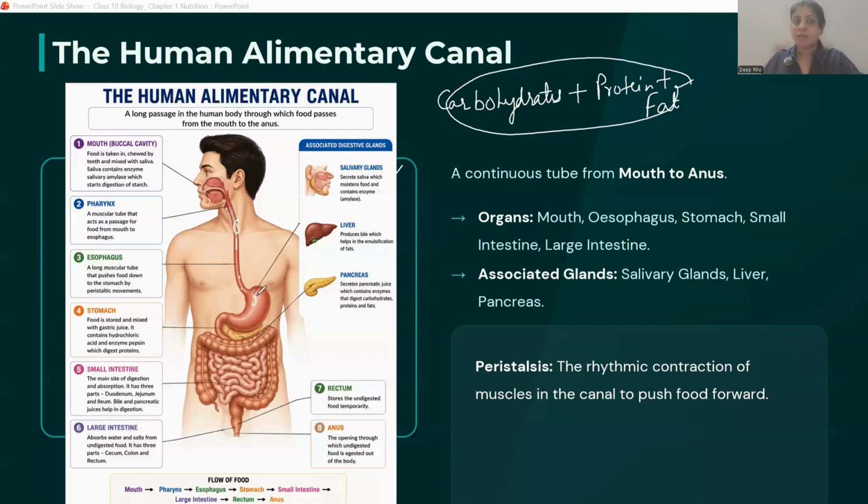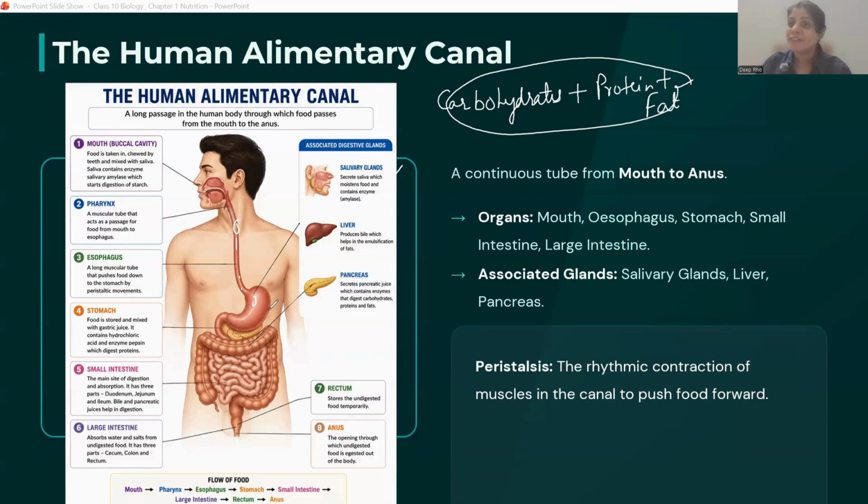The stomach releases hydrochloric acid, which, as the name suggests, is highly acidic. Along with it is the enzyme pepsin, which works on protein, like the curd I had. Along with that, mucus is also secreted. The stomach is highly acidic, so it could damage itself.